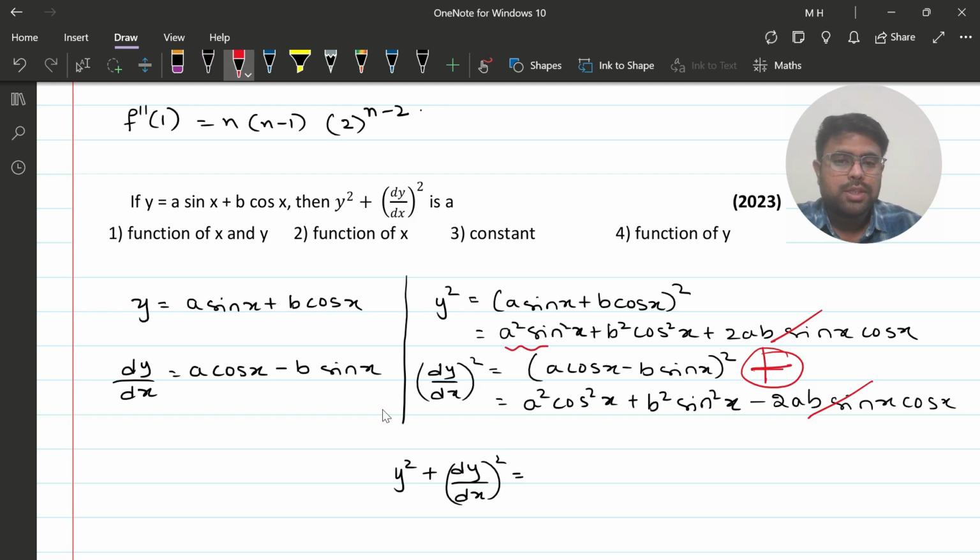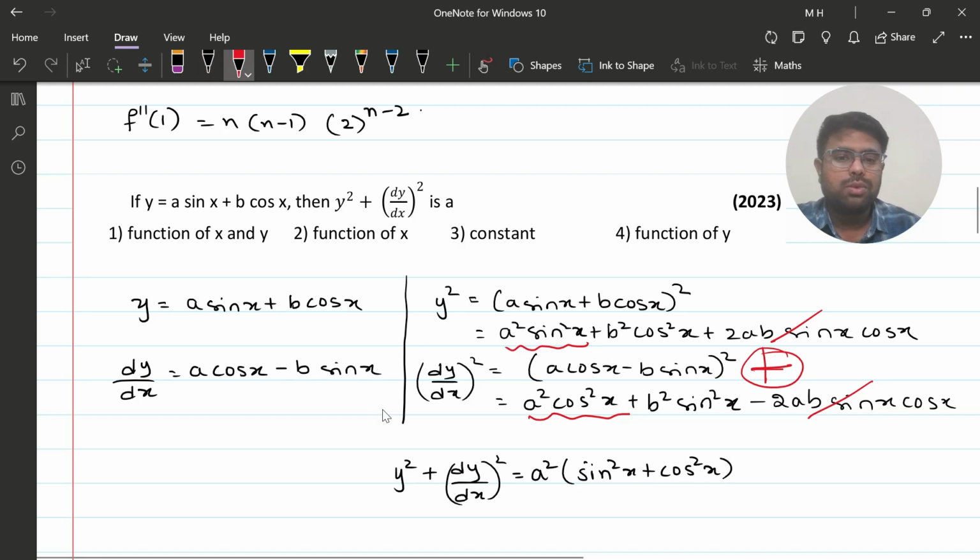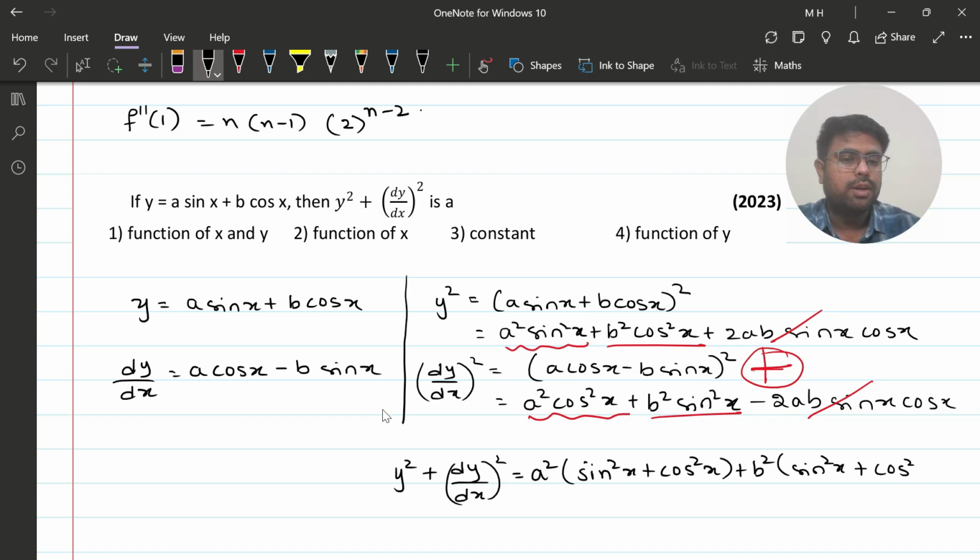So we are finally going to get y square plus dy by dx whole square equal to, in these two terms, that is a square sin square x and a square cos square x, if I take out a square, I'm going to get sin square x plus cos square x, right? And among these two terms, b square cos square and b square sin square, if I take out b square, I'm again going to get sin square x plus cos square x, right?